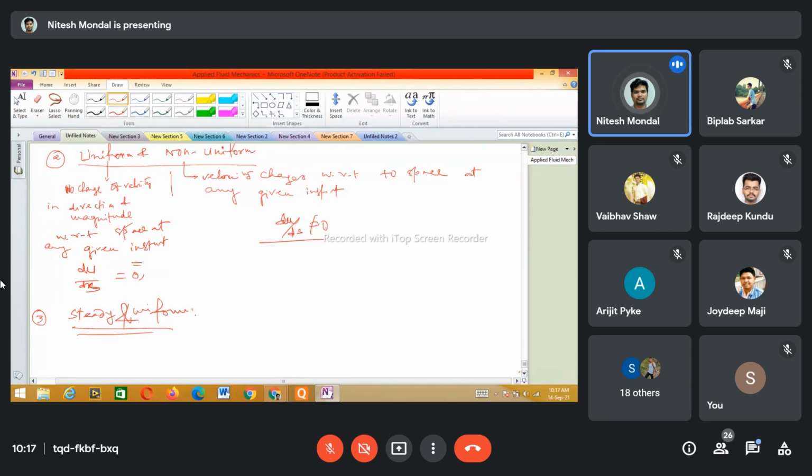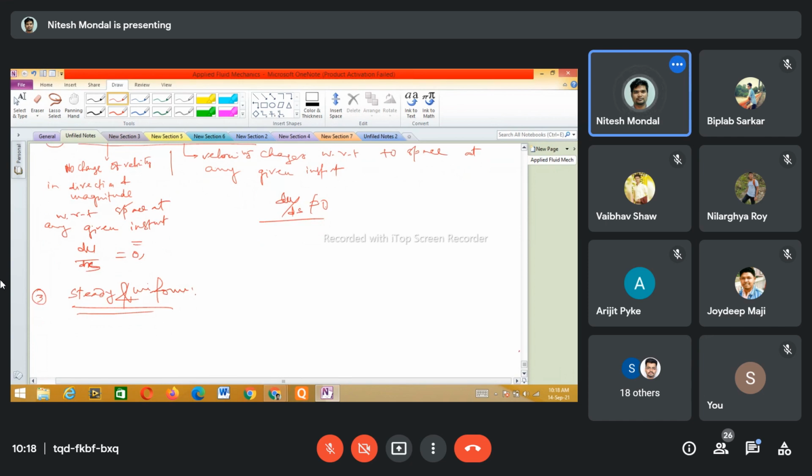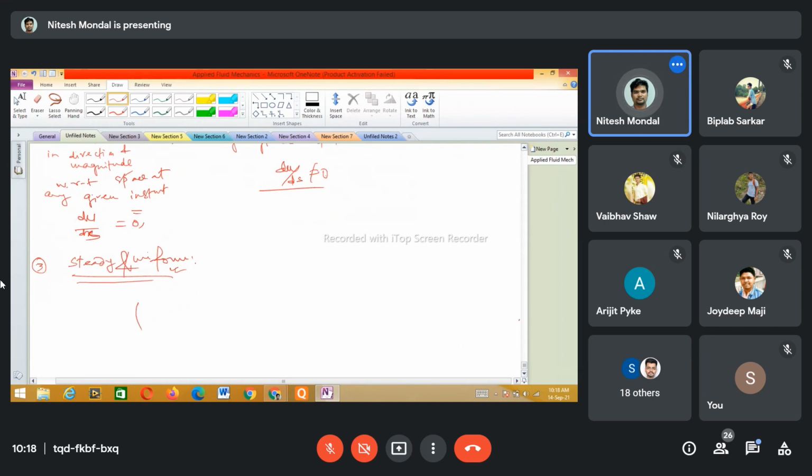Velocity is not changing with respect to both time and space. Good. Actually, the uniform property is defined by the velocity. That's why we can say there is no change of velocity with respect to space and time. So just consider a pipe like that.